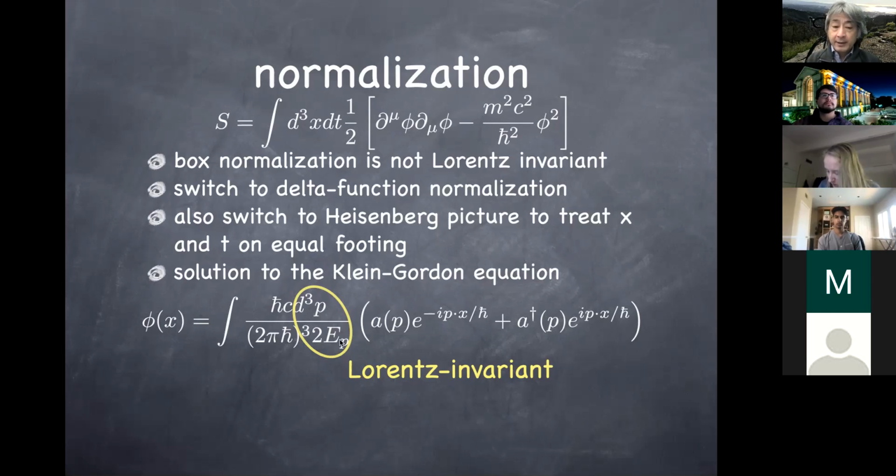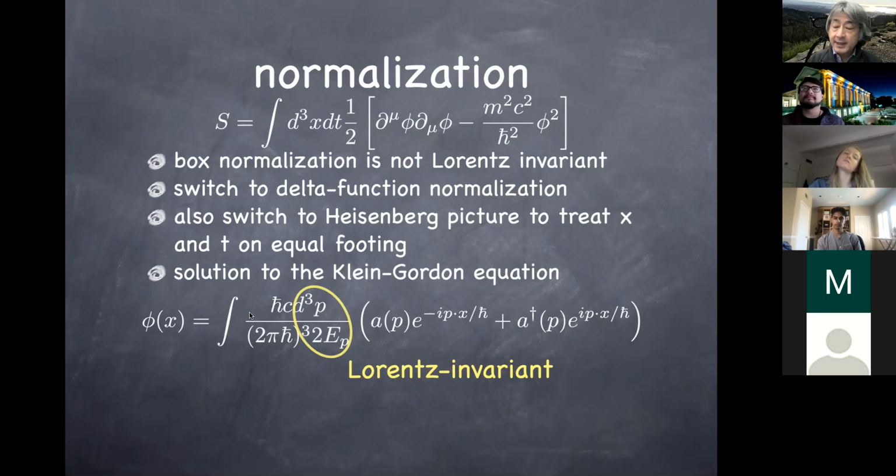The reason is the following. When you have a box and go to a moving frame, the size of the box gets squeezed by Lorentz contraction, so your box would look smaller. That's why it's not Lorentz invariant. But instead of a box, consider 1 over E. E gets bigger by a Lorentz boost, with the factor gamma, 1 over the square root of 1 minus v squared over c squared, so 1 over E gets smaller by exactly the same factor by which the box would shrink by Lorentz contraction.